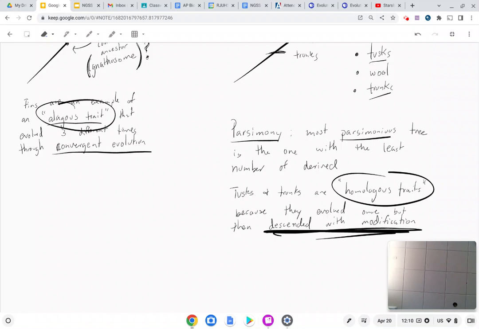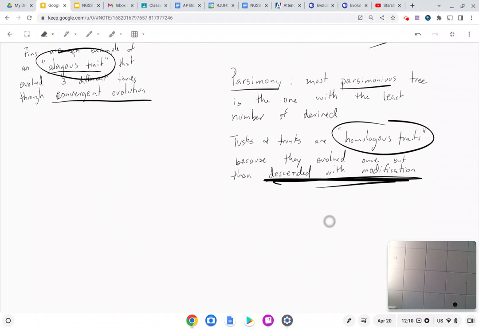We have the descent with modification. Another famous example of homologous traits is the limbs of, say, a bat, a whale. So bats, whales, and humans. If you look at the limbs, like a bat's wing and then a whale's flipper and a human's arm, they all have a humerus, radius and an ulna, carpals, and metacarpals.